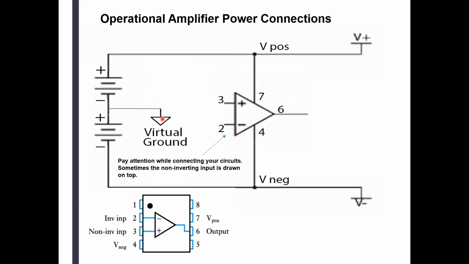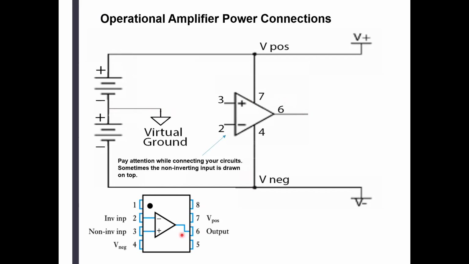And it's called virtual ground because technically it should be at the ground level. But it's not necessarily electrically connected to the ground. It can be. Now, just so you know, this is one of the types of the operational amplifiers.